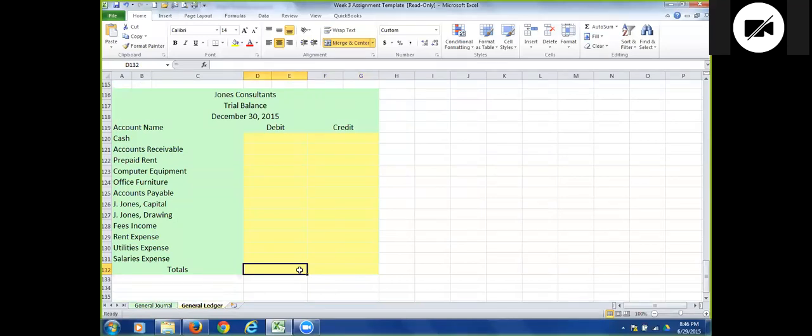So your check figure is $67,200 to show that your debits equal your credits. So you guys have a lot of check figures in here from the balances and of course the remaining balance on the trial balance. And plus you have a good start. You have 4 transactions completed, plus all the November transactions are the same as last week's transactions.